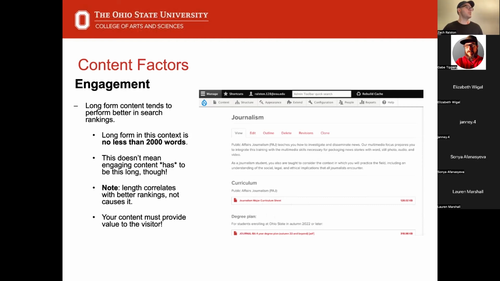So even though this particular page, I looked at it, does not have that 2,000 word minimum or maximum or whatever you want to call it, it's still pretty engaging because it's relevant, it's really usable, it's skim friendly, and it's really engaging. So just keep in mind that your length correlates with how a website performs on a Google search.